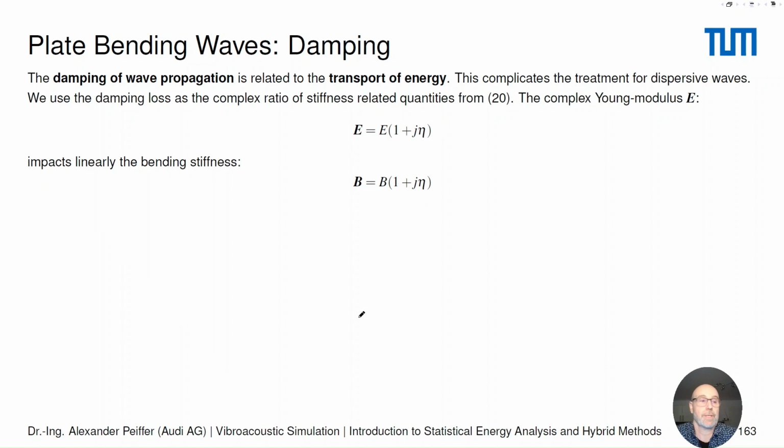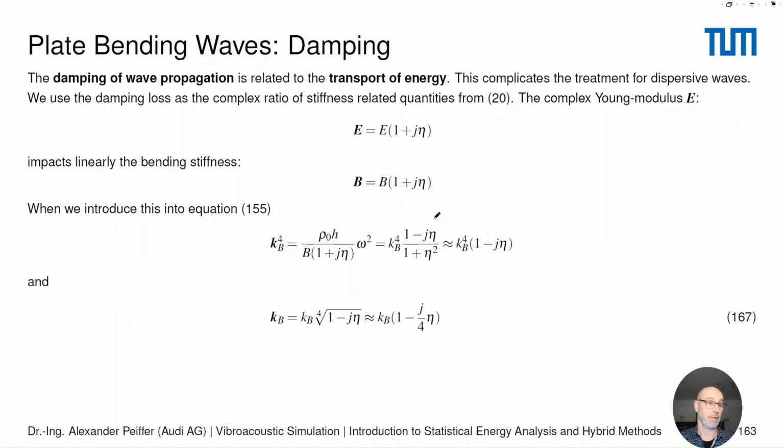That's an easy way to address that. And this also is true for the bending stiffness. And when we introduce this into our equation for the wave number, we get, after some modifications, that it would look like this. That means the wave number is the fourth root out of this.